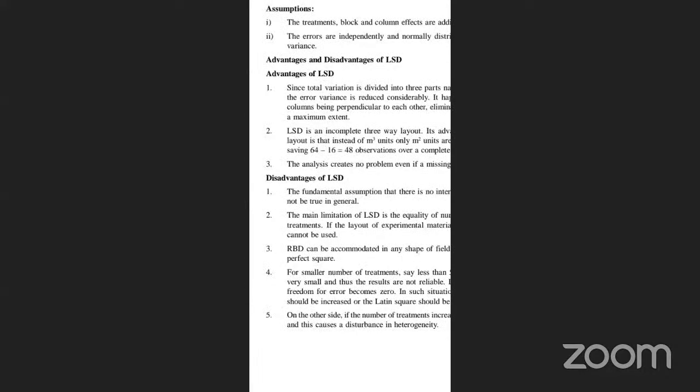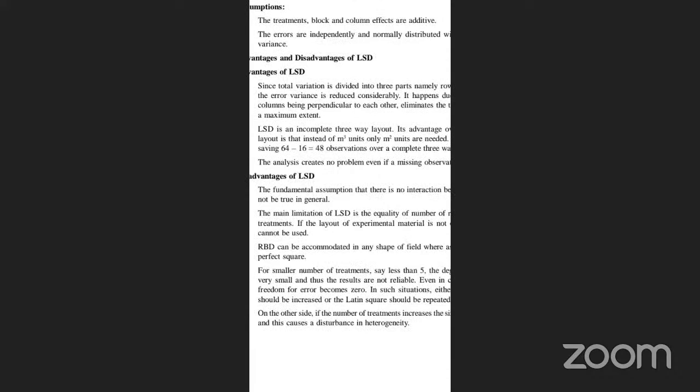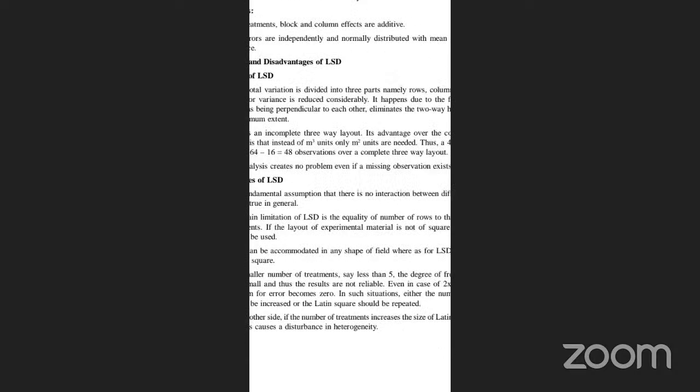The layout of experimental material is not square, so LSD cannot be used. Randomized block design RBD can be accommodated in any shape of field, whereas for LSD it should be a perfect square. For a smaller number of treatments, say less than 5, the degrees of freedom for error is very small, and thus the results are not reliable.